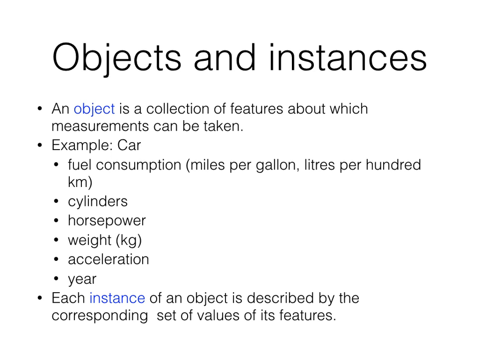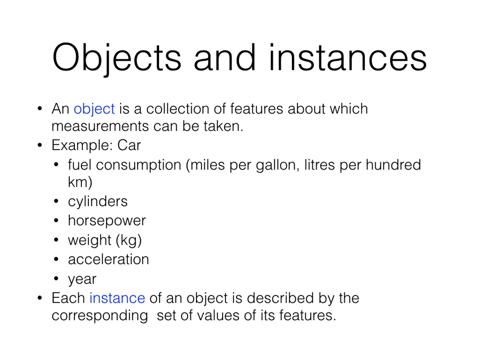It has a fuel consumption, and we can measure that in miles per gallon or litres per 100 kilometres. Another feature it has is cylinders, horsepower, weight measured in kilos, acceleration, or year. So that's like the general idea of a car. It's a little bit like a class in object-oriented programming.